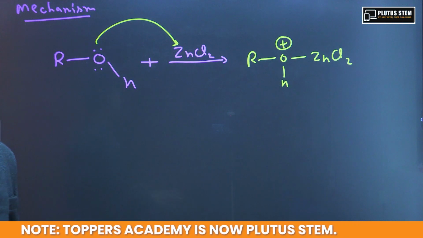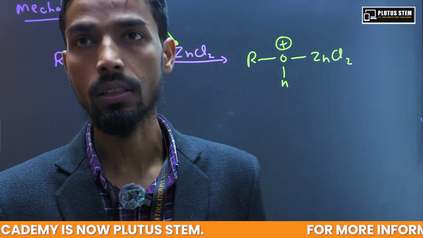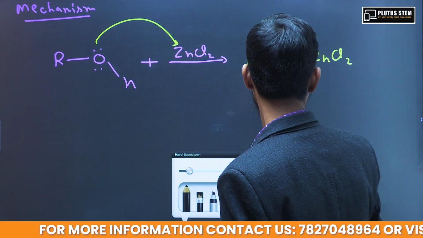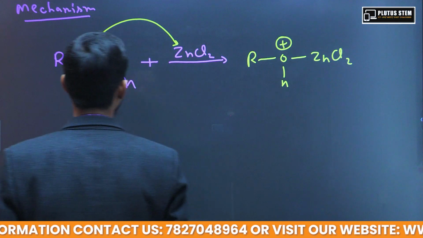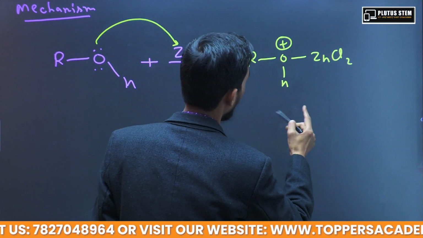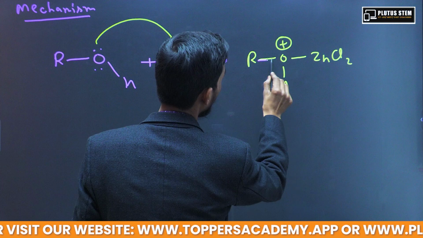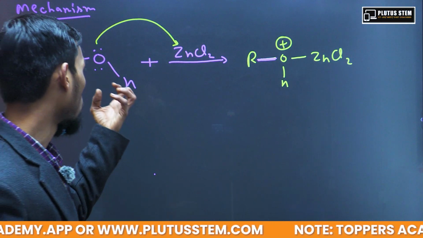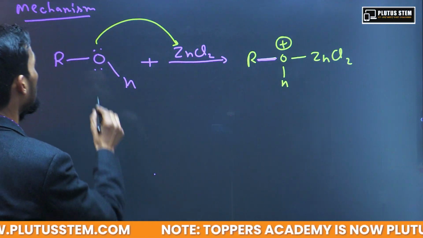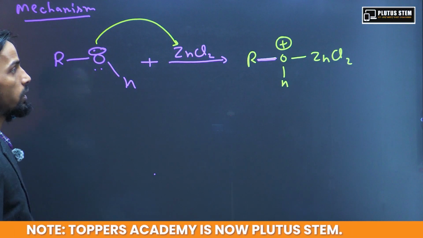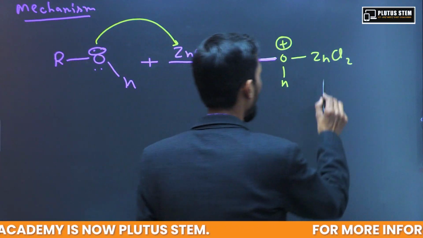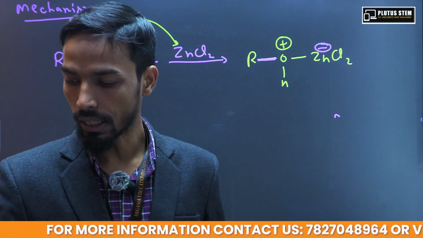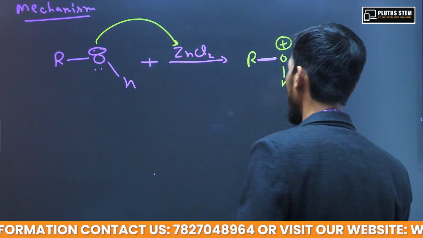Now what is going to happen in this case? This OH positive has a slightly positive charge. A positive charge has been generated because it has donated its lone pair of electrons to zinc, and zinc will have a partial negative charge.